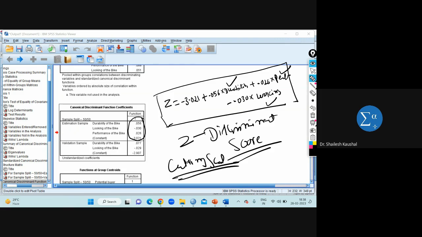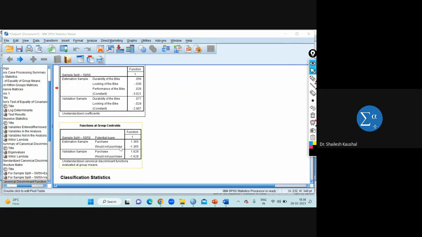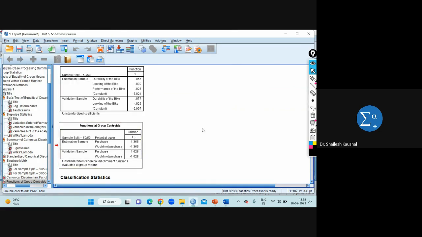How will we get the cutting score? From which table? This is my cutting score. Centroid, group centroid. This is the cutting score.